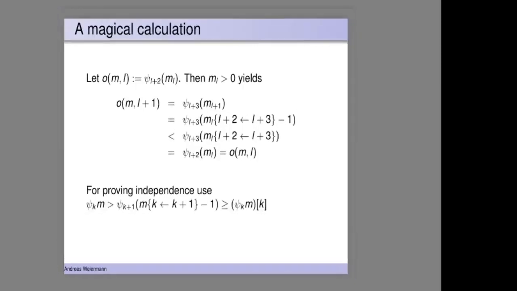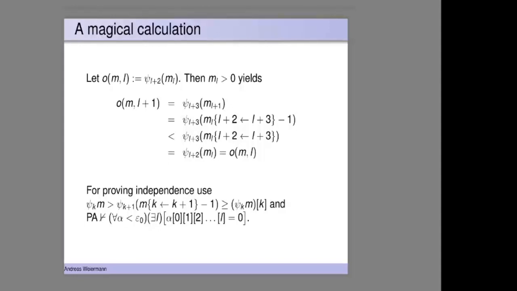And now for proving the independence of PA, one uses two properties. One verifies that the psi k interpretation interleaves with the standard fundamental sequences. This is a technical lemma which I will not prove. And then one uses further a certain standard form of an unprovability result for first order arithmetic. It's the so-called unprovability of the Hydra battle or something similar.